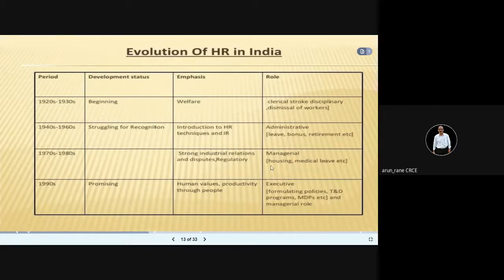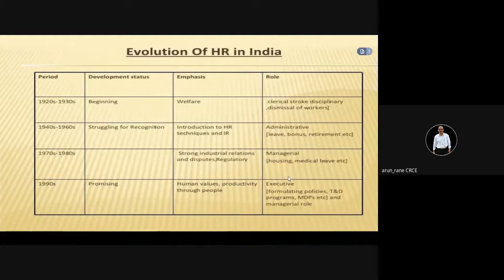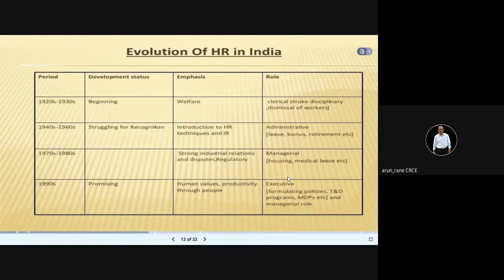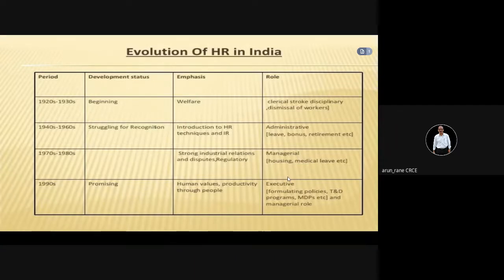This kind of benefit, housing, medical leave, loans. Some companies also started giving quarters, and that was very wonderful. Even certain medium-sized companies or even some small-sized companies also started giving housing because they understood that if they provide quarters, then a lot of time is saved because of traveling, and not only time, but the efforts or the energy.